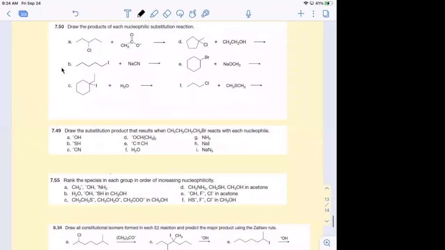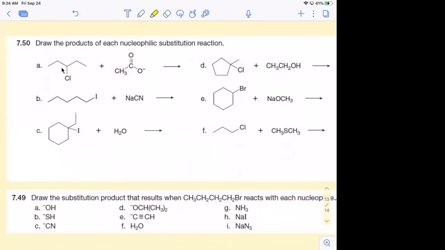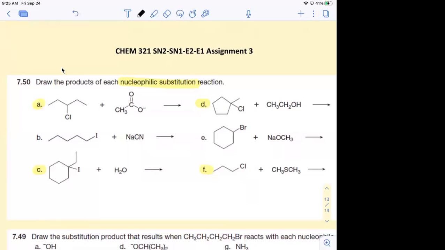I want you to work on, notice this says nucleophilic substitution, right? So you're not guessing about whether it's substitution or elimination. So I want you to do A, D, C, and F. And also tell her what type of substitution.